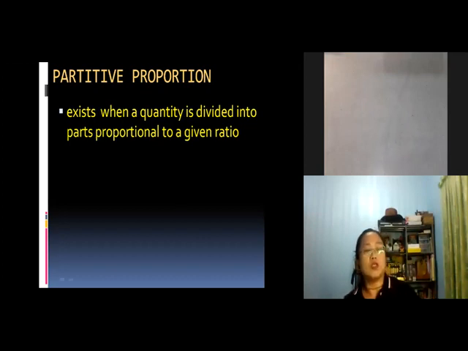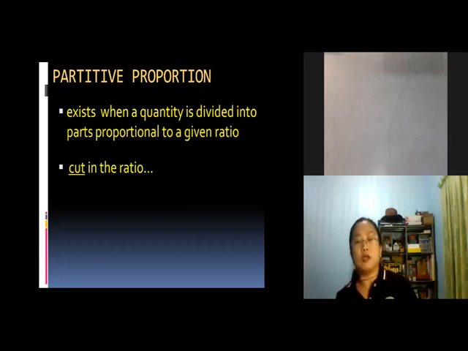Since pinuputol siya or hinahati siya, for that matter, there should be the phrase cut in the ratio, and then followed by a ratio, whether this ratio has 2 terms, 3 terms, or more. Basta ang importante, nandyan yung clue phrase natin na cut in the ratio.